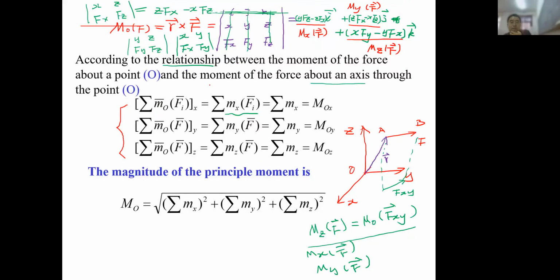Actually, that's a very important relationship between the moment of the force about a point O and the moment of the force about an axis through the point O, right?